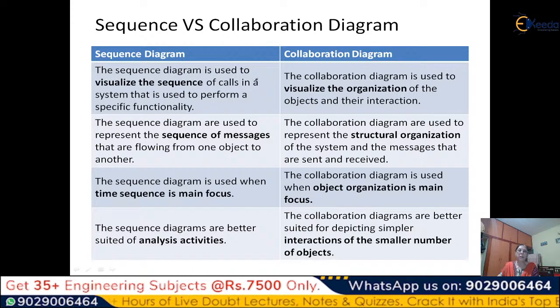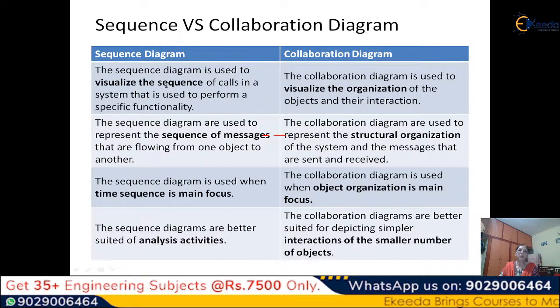A sequence diagram is used to visualize the sequence of calls in the system, whereas the collaboration diagram visualizes the organization of the objects, how they are organized and how they interact. This is more about the structure of these different objects and how they are interacting.